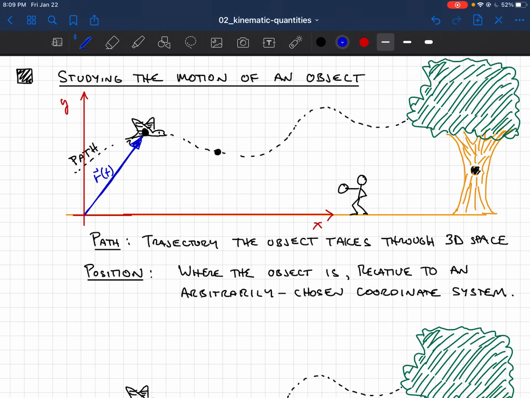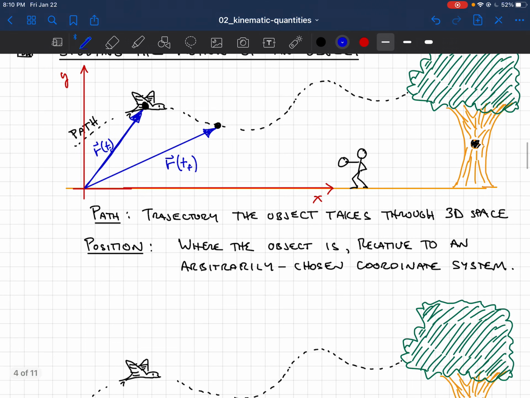So at some later moment, we would have a different position vector. So if that was r of t initial, then this is r of t final here, over some interval from t initial to t final. So that's the position of the object.